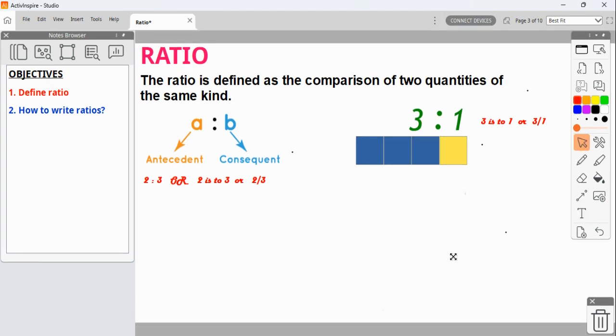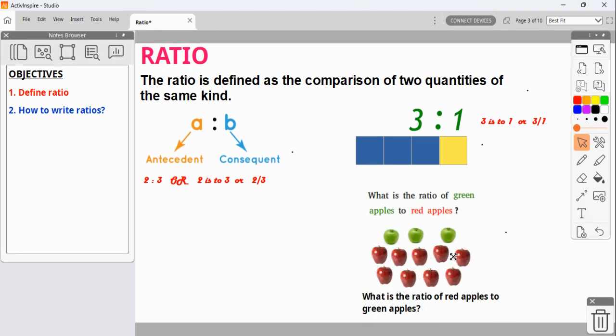Let's take one more example for writing ratios. Here is what is the ratio of green apples to red apples. You can see here first quantity is green apples and the second one is red apples.